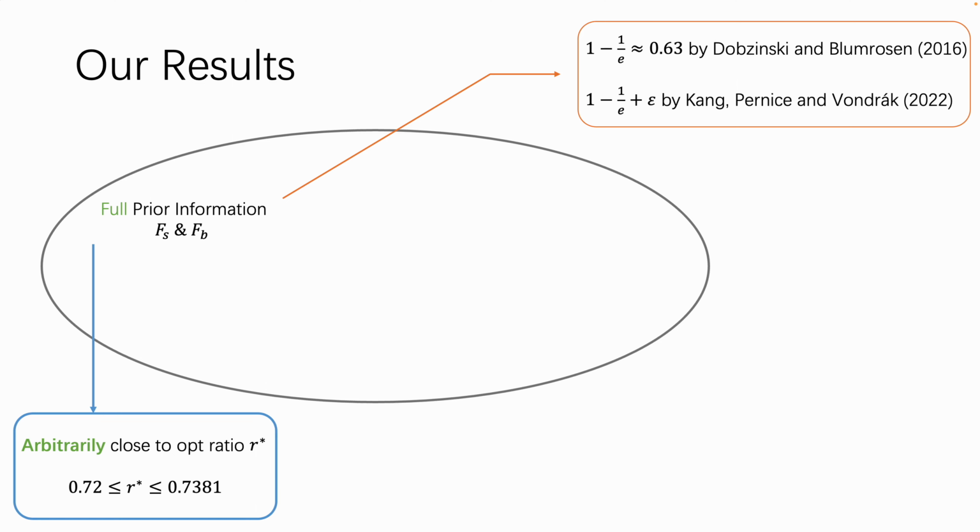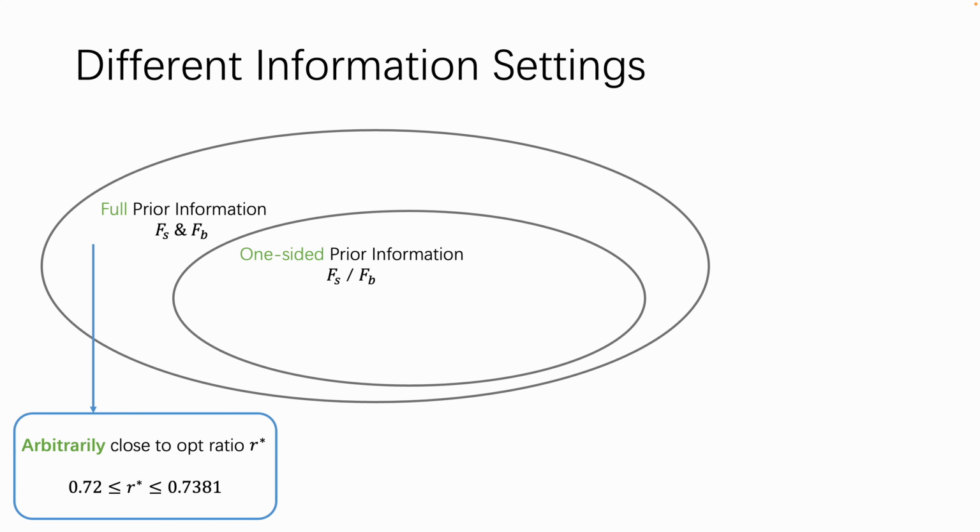We also have a simple fixed price mechanism that corresponds to the lower bound of 0.72 and a hard instance that provides the upper bound. We can also see that our result significantly improves the approximation ratio.